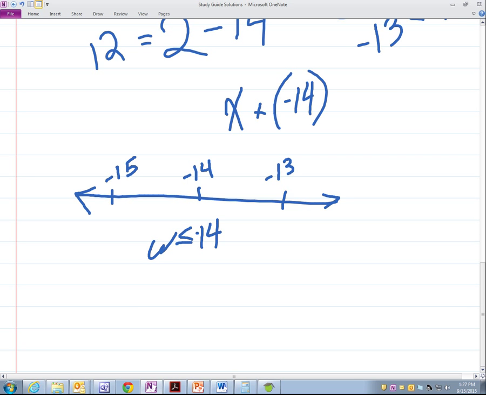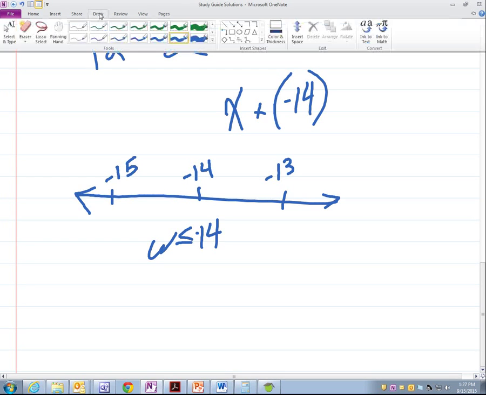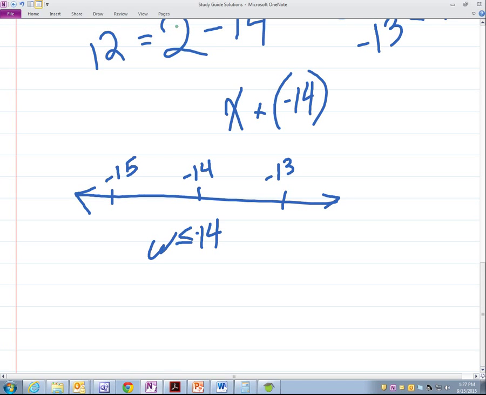Now I want to show you the y is less than or equal to negative 14. Since the variable's on the left, I know that this shape here is going to cover that corner. So it's going to be over there. And because it's less than or equal to, I have to have my circle filled in because it includes that as well.